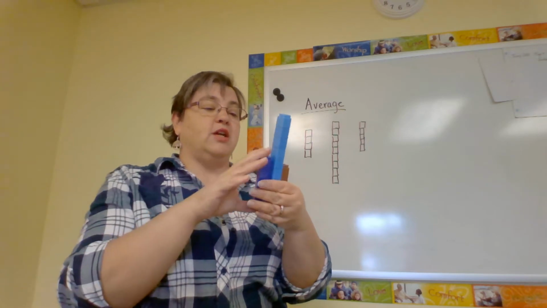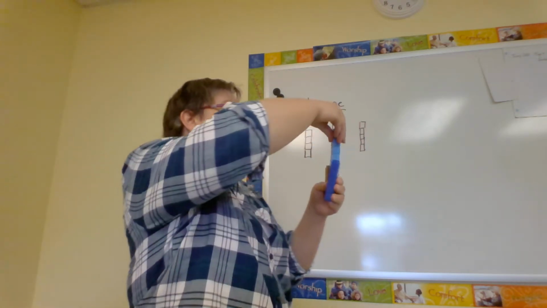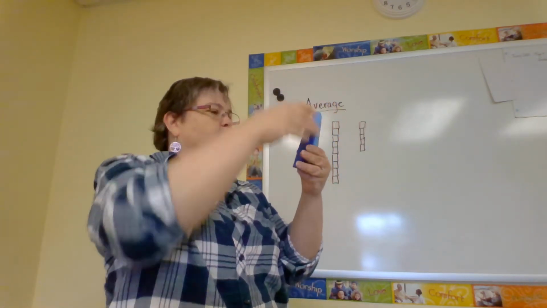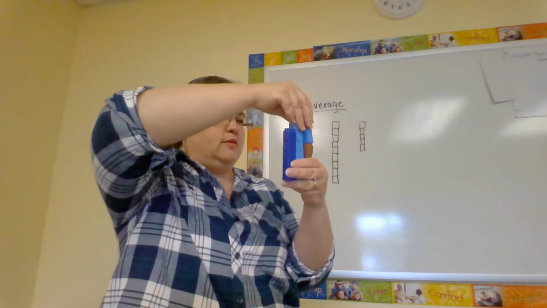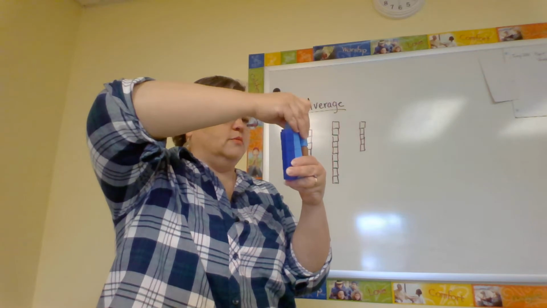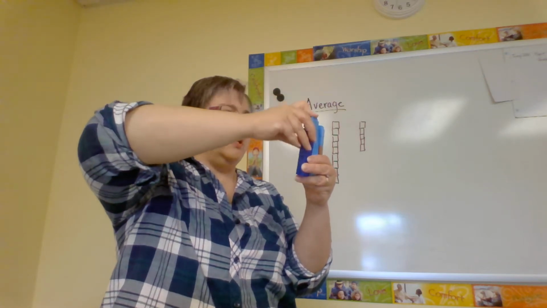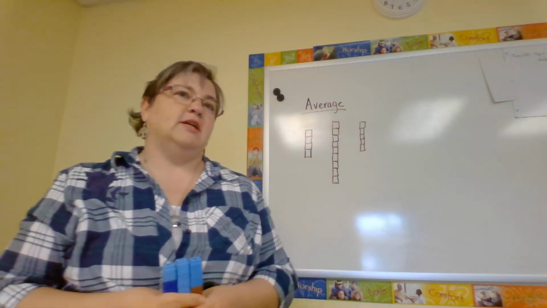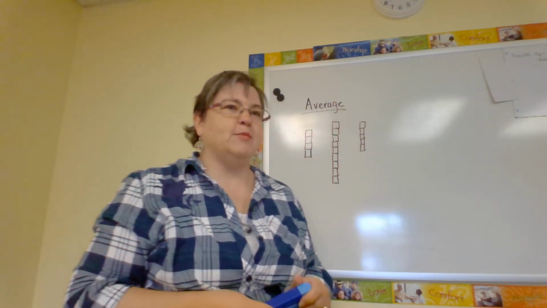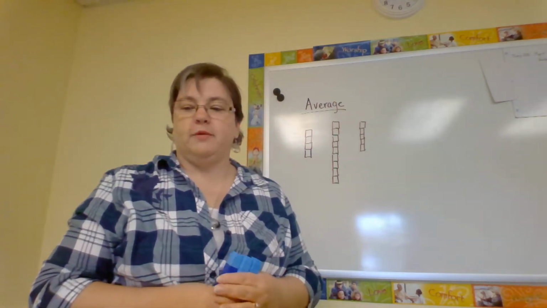You can move cubes from one pile to the next to see if you can make them all the same size. When you have made them all the same size, let me know.